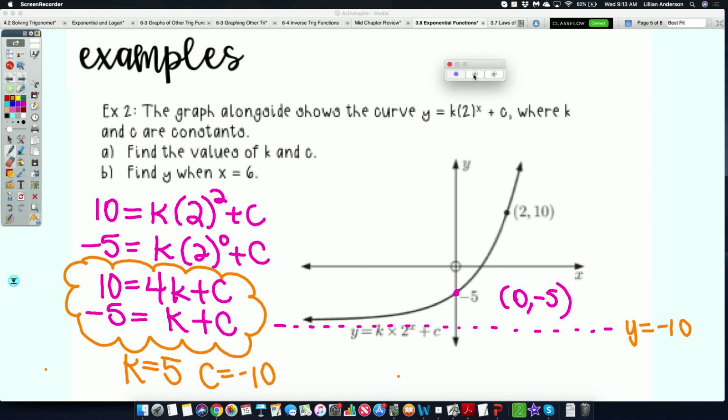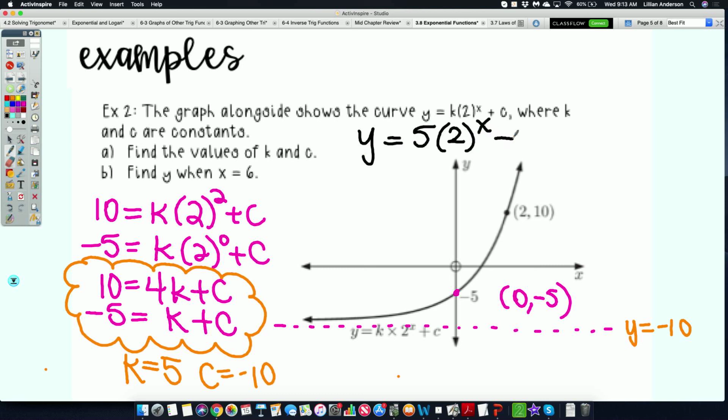So now that we know what K and C are, we can answer part B because our equation now becomes y equals 5 times 2 to the x power minus 10. We use our values of K and C, and now we're looking for y when x is 6. So all we have to do is plug 6 in and solve.